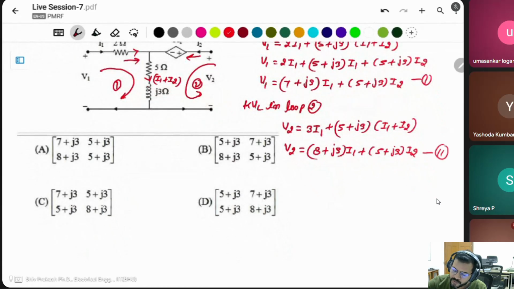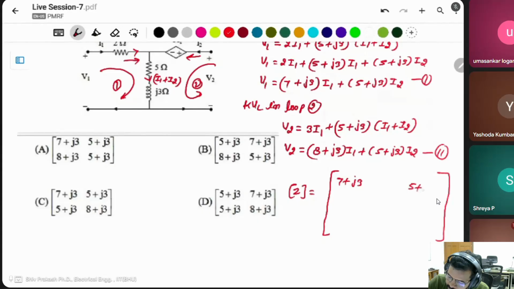Question 1 and 2. You can calculate the Z parameters right here. Z11 is 7 plus j3, Z12 is 5 plus j3, Z21 is 8 plus j3, Z22 is 5 plus j3.